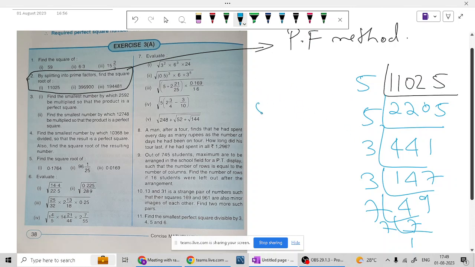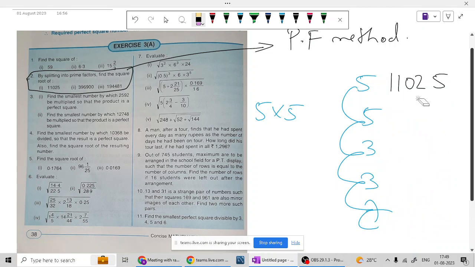Other students, what are the values we get here? 5 into 5, 3 into 3 and 7 into 7.